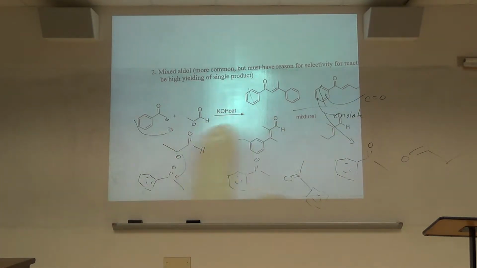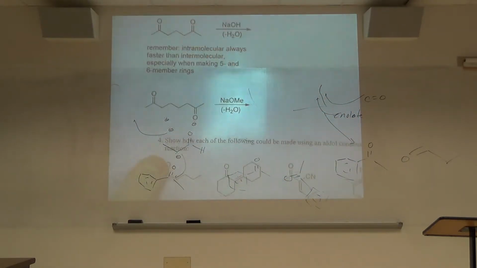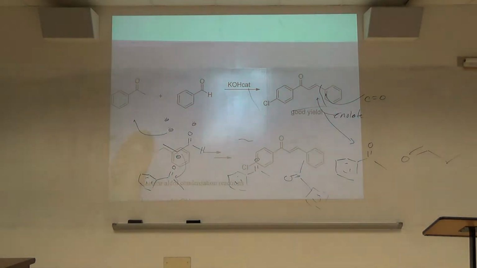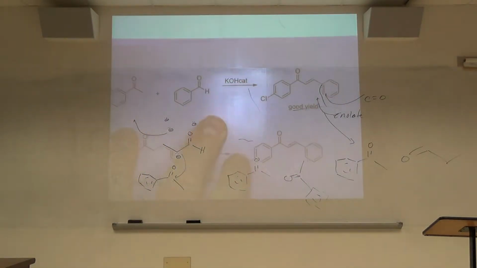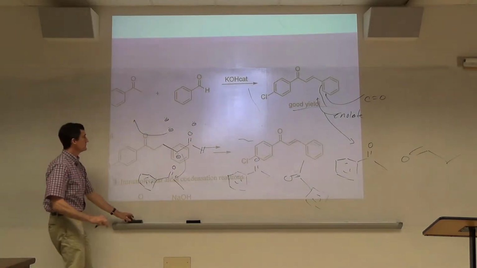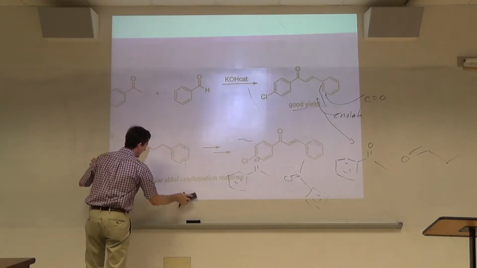To do a mixed aldol, you have to have a reason for selectivity. Here's a reason over here. If you do this reaction, you just get 1 product. Why do you only get 1 product? Or why do you not get 4?